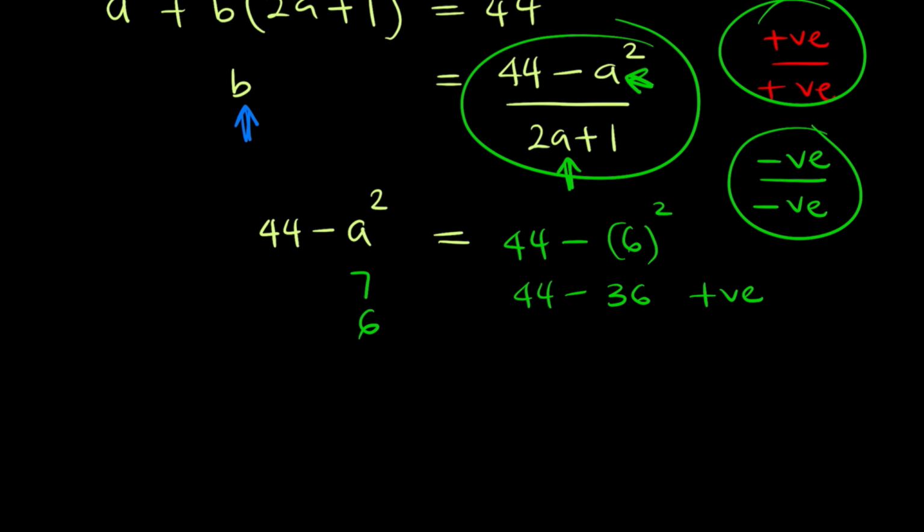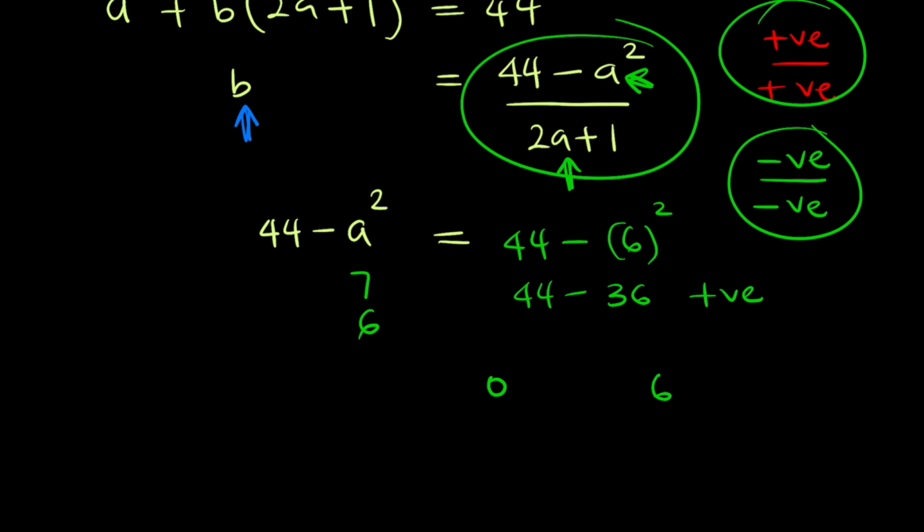What of 1? If you put 1 here as well, it's still going to be positive. So it means the positive values of a have to be between 0 and 6.